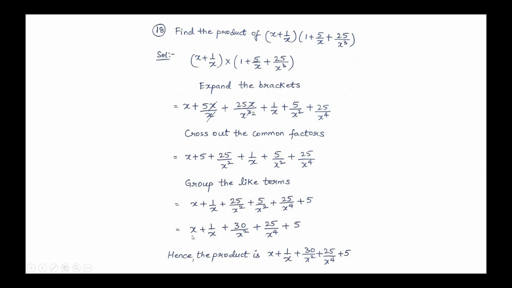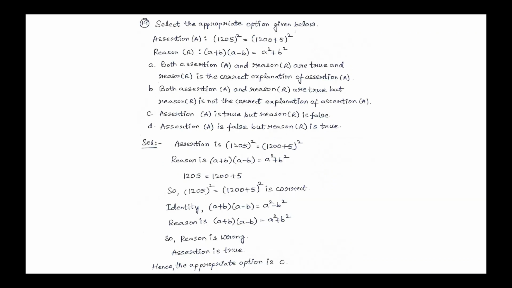So that's x + 1/x + (25 + 5)/x², which is 30/x², + 25/x⁴ + 5. Hence the product is x + 1/x + 30/x² + 25/x⁴ + 5.